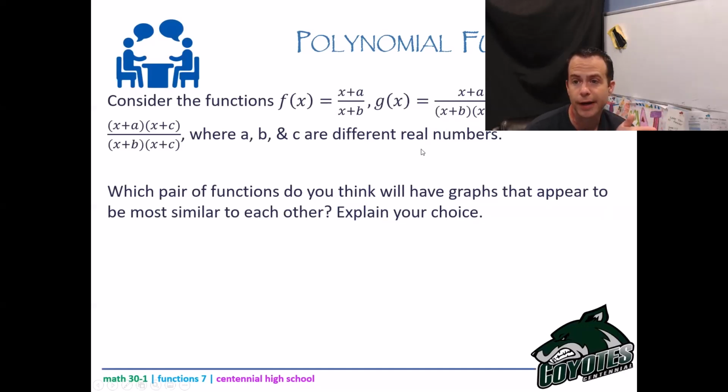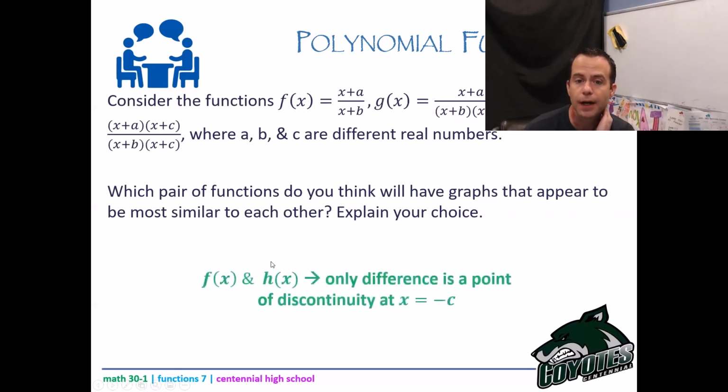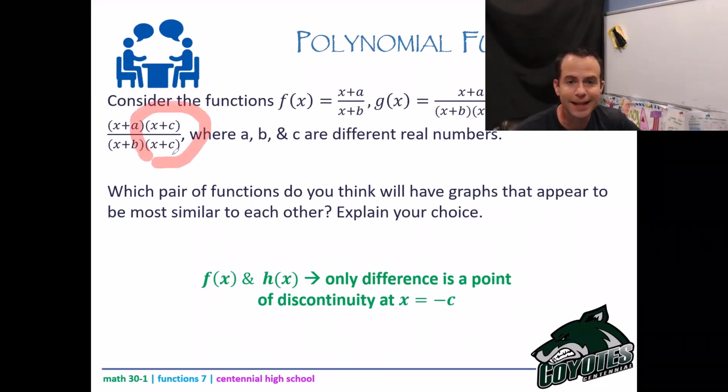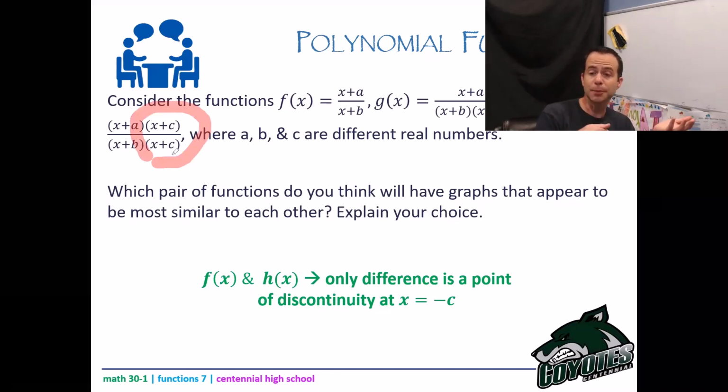Okay, and your answer should have been, well, take a look at this. We've got f of x and h of x. The only difference between f of x and h of x is that I've got a point of discontinuity at x equals negative c. This factor simplifies out mathematically, and if it simplifies out, I'd actually be left with f of x.